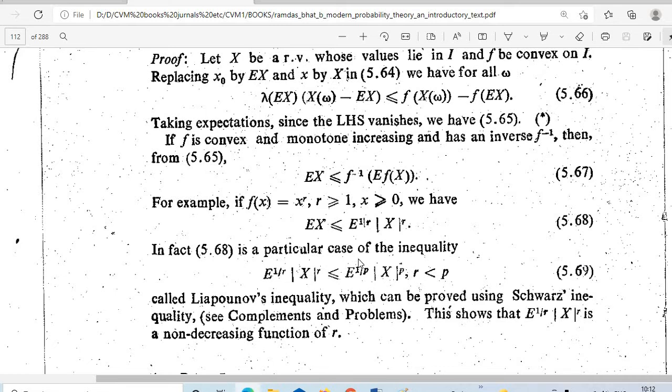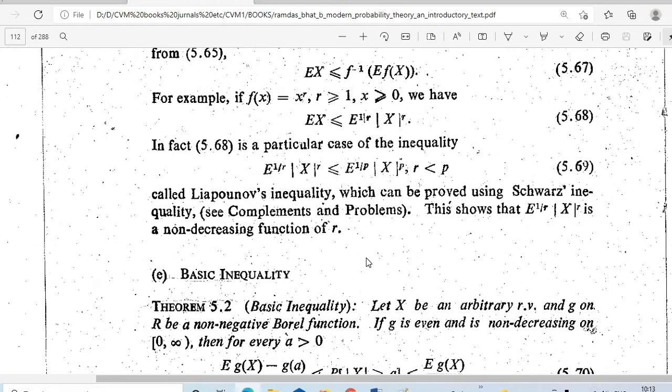If you take b equal to r and r equal to 1 here, you will get equation 5.68, that is expectation of x less than or equal to expectation of mod x raised to r, whole raised to 1 by r. So that is a special case of this Lyapunov inequality. Okay, I think it is clear for you.